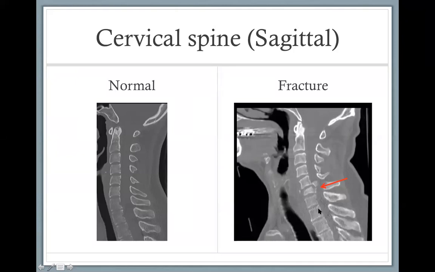Again, the idea is to understand what each modality can help us with. When do we use it? For trauma, we often use CT because it's fast and it allows us to visualize the bone, the lung, and the soft tissues. It does not require a lot of preparation.